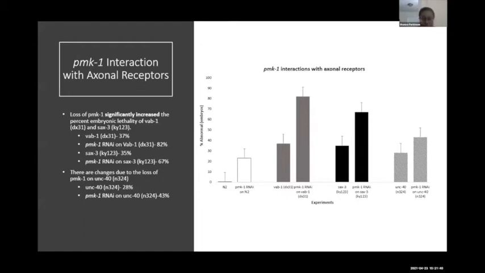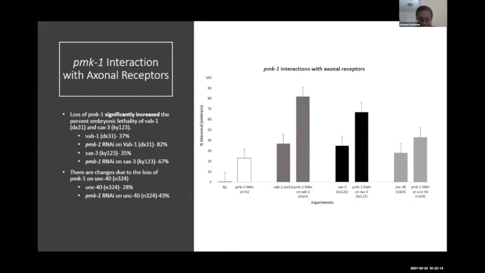So to find out where exactly PMK1 fits into the wave-scar pathway, we first checked it on the axonal guidance receptors I mentioned earlier, SAX3, VAB1, and 40. On the y-axis, we have the percent abnormal embryos or dead embryos, and possibly this is due to a lack of proper cell migration.